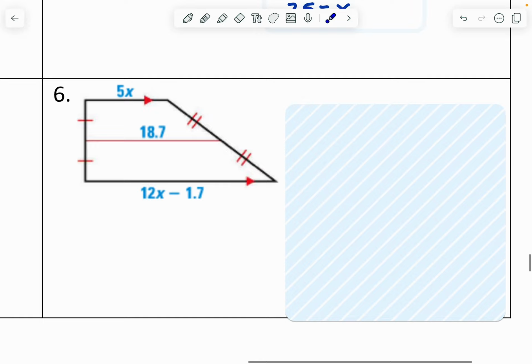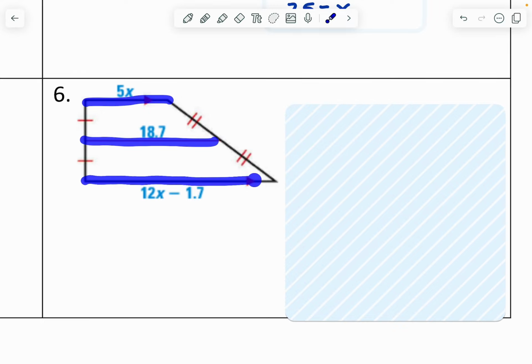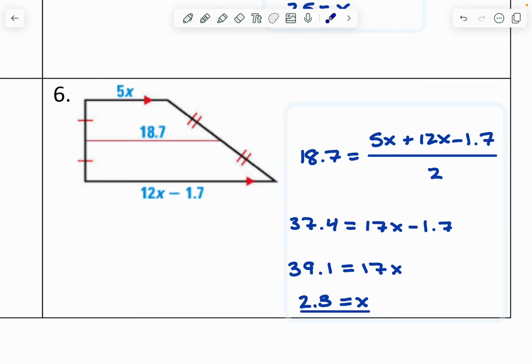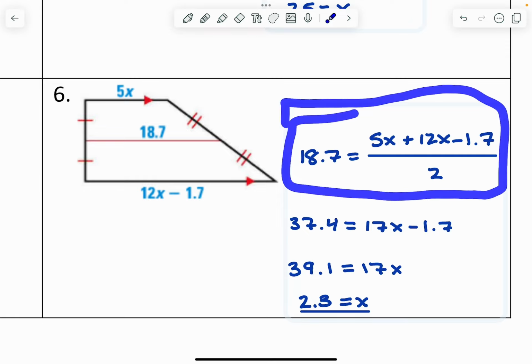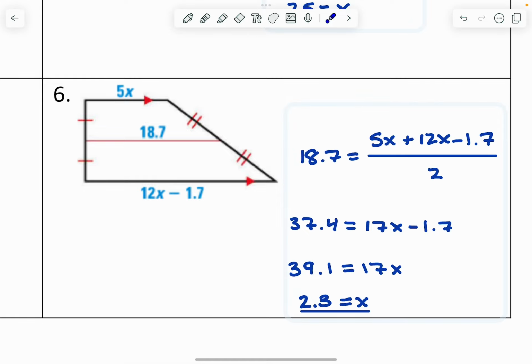I want you to try and set it up same way that we have with all of our mid-segment. Mid-segment is 18.7. One of our bases is 5x. One of our bases is 12x minus 1.7. 18.7 is equal to (5x plus 12x minus 1.7) divided by 2.